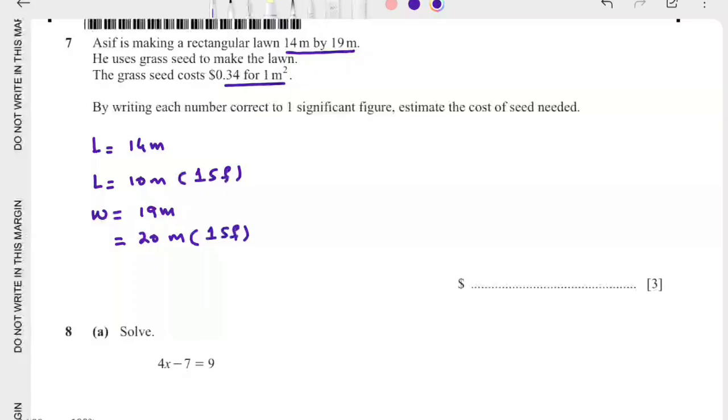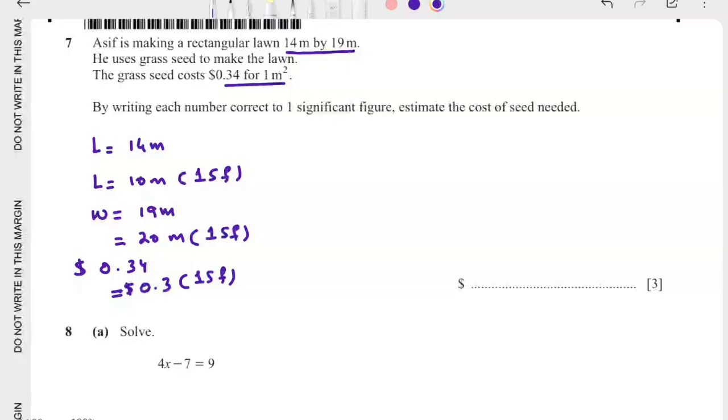And we also have to correct the cost as well. So $0.34 can be estimated to one significant figure as $0.3.